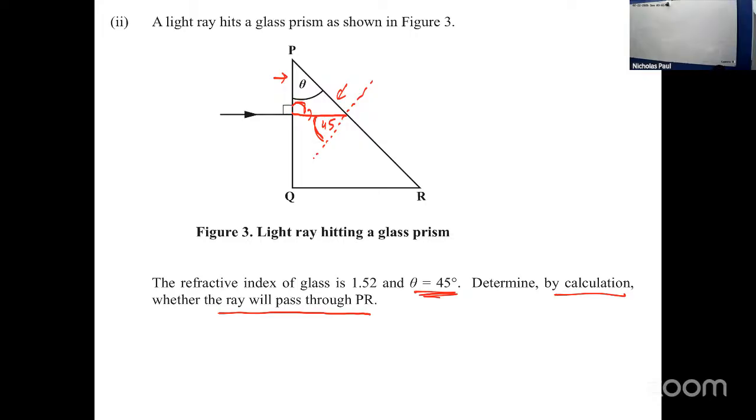Critical angle, right? Because they want to see if total internal reflection will happen. So they ask me to find the critical angle, so you can determine if total internal reflection will happen. Use the formula for C.